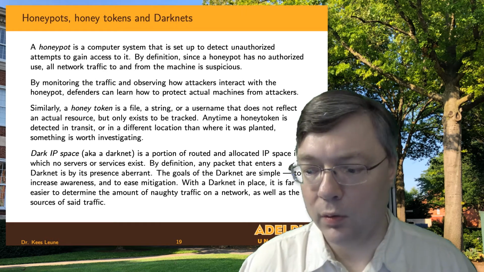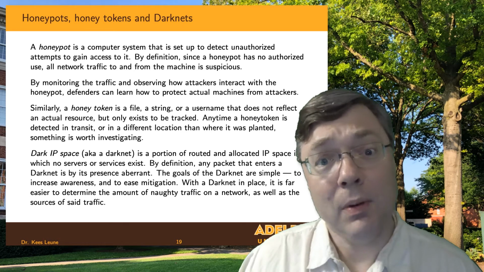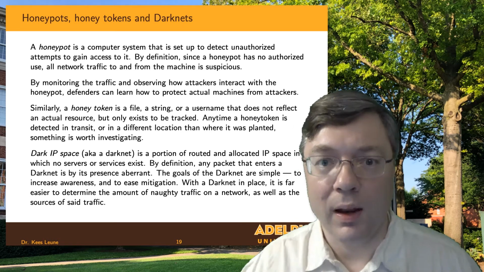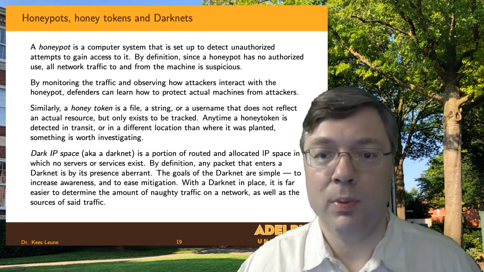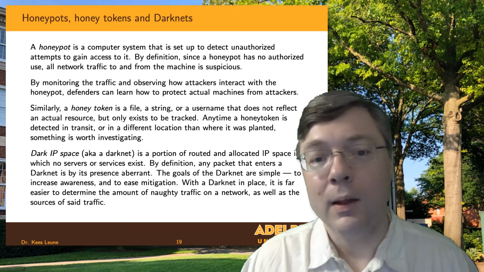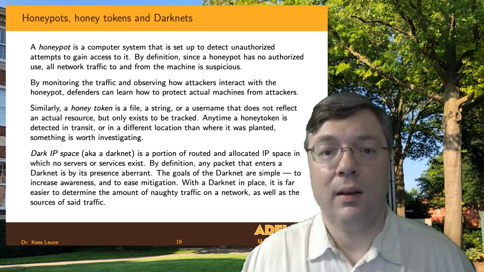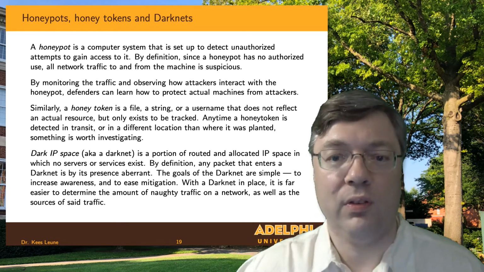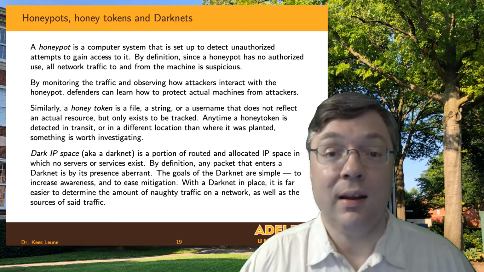That's called a darknet or dark IP space. And that means that any network traffic going to or from that network range is going to be suspicious by nature because I decided not to use it. So that could be an early warning system right there. Why is this system trying to connect to these IP addresses that I know don't exist? Well, maybe it's an attacker scanning the network.